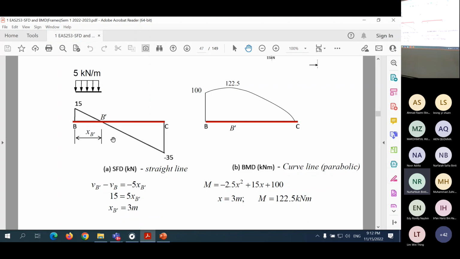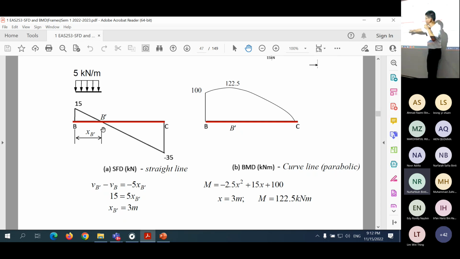Whenever we have a 0 shear point, you have to calculate the location so you get the maximum bending moment.